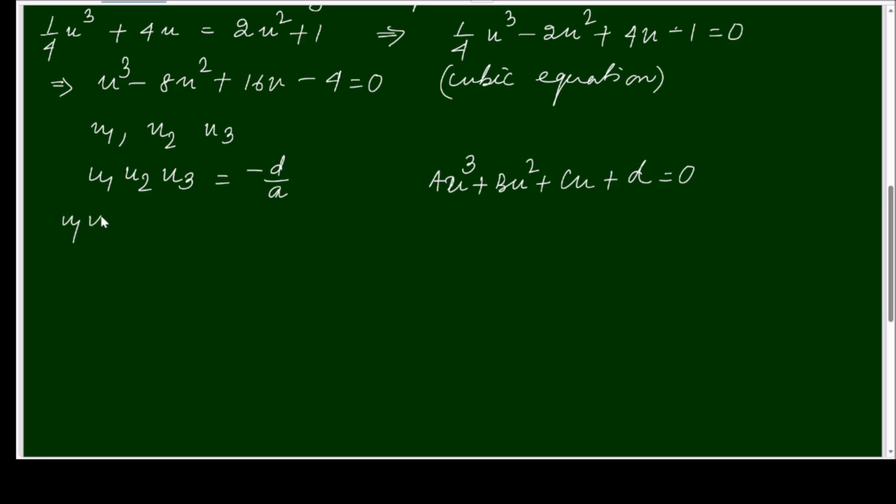So u1 u2 u3 equals, d is minus 4 here, so 4, and a is 1, so this will be 4. Now u1 can be written as 2 to the power 111x1, u2, because again x has 3 roots x1, x2, x3, is 2 to the power 111x2, and u3 equals 2 to the power 111x3.